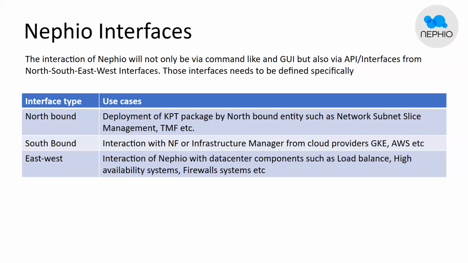When they talk to Nephio, they will talk in some standard or specific format, because they cannot send any data and expect Nephio to understand. When they give some values, the software needs to understand those values, so those values have to be specific, or maybe standard.